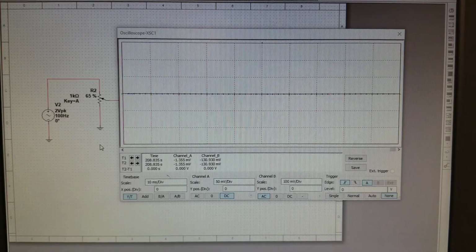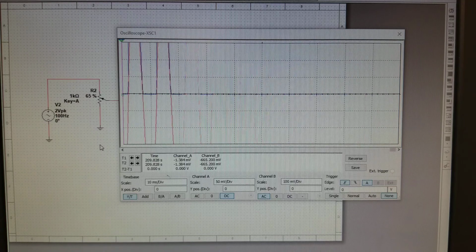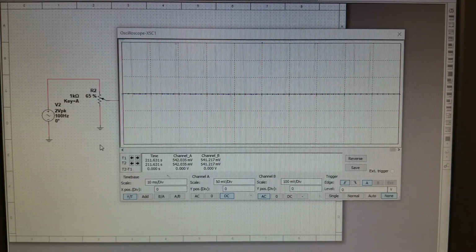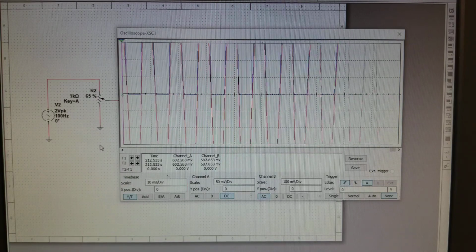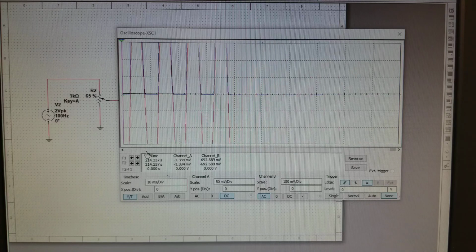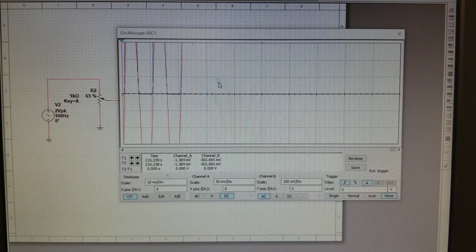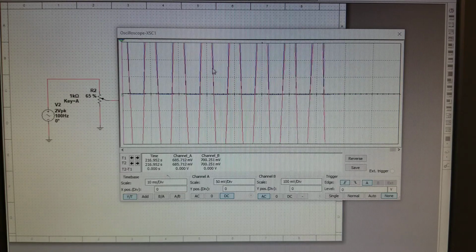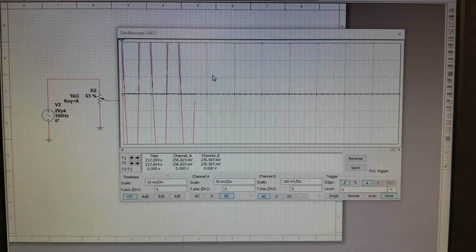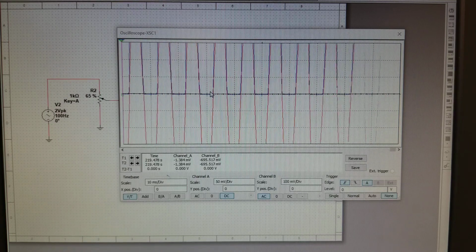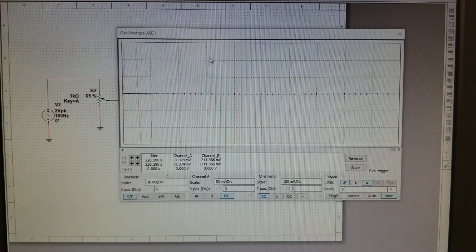Next, for step 10, we're going to adjust the signal level to get a half-wave output with a peak value of 100 millivolts. We're going to do that by adjusting the potentiometer. I have this scale set up so that each box is 50 millivolts. So when our blue half-wave rectified signal is 2 boxes tall, we'll know that we have 100 millivolts.